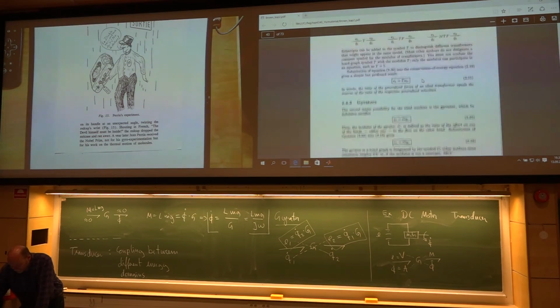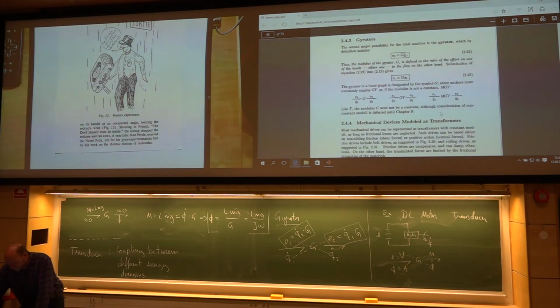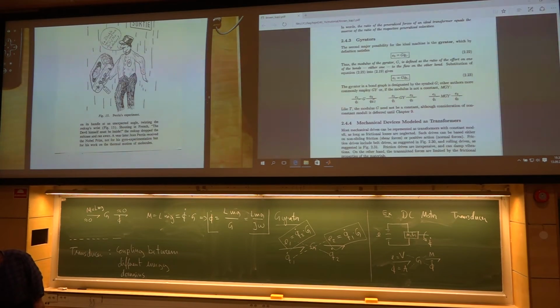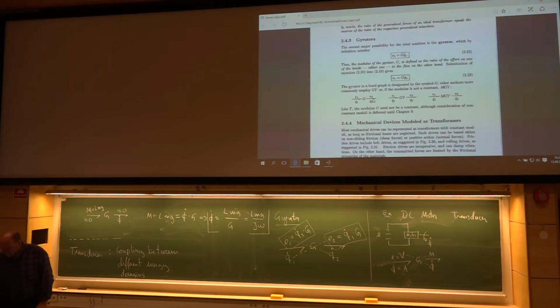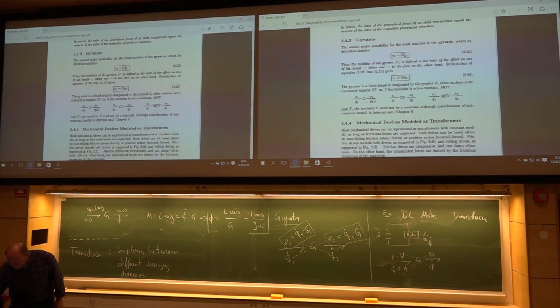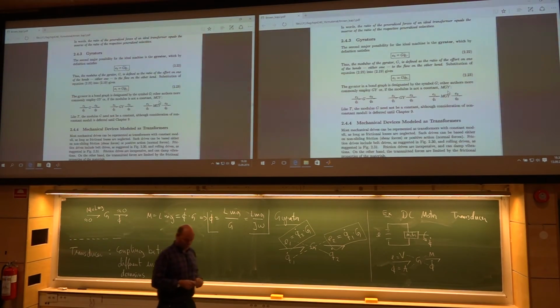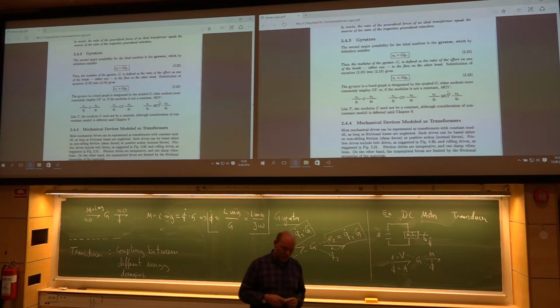So transformers, gyrators, definitions. Some books actually use, as it says here, GY or MGY. Same with a T, also meaning TY or MTY.